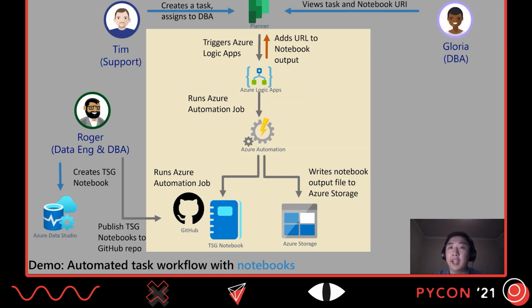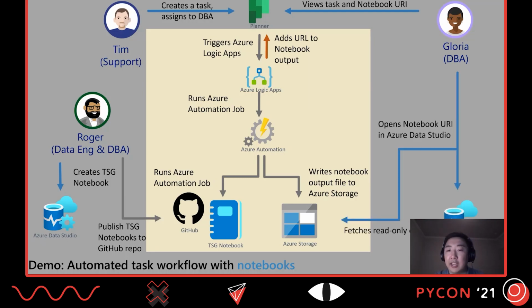Gloria, as a DBA, could then view that task and also the URL to the notebook, which they could then open inside of Azure Data Studio and see the results of it. You can see that, in this vision, notebooks are the key to this automation and touch all across the different folks on the team and their various skill sets as well.